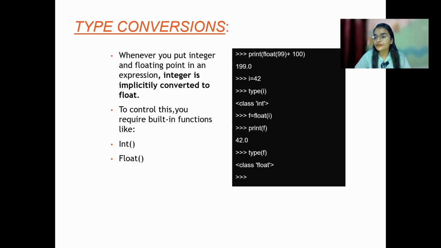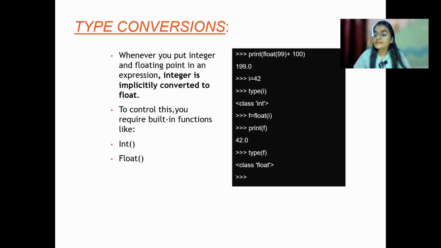And then it will add 99.0 to 100, and it will give us the output 199.0. Why? Because whenever we are adding an integer to a floating point number, Python will implicitly convert it into a floating point number, right?